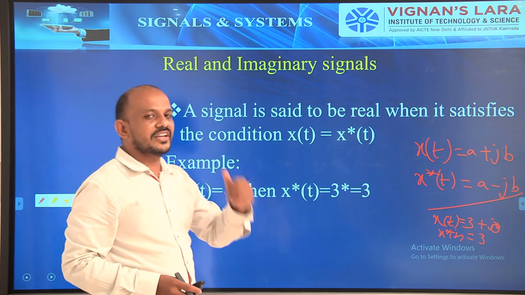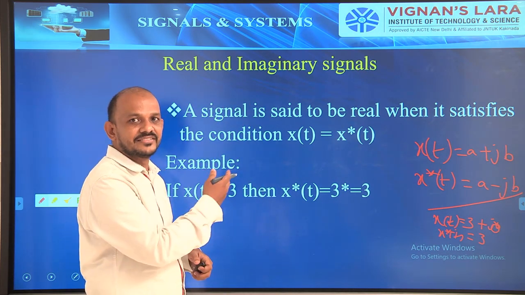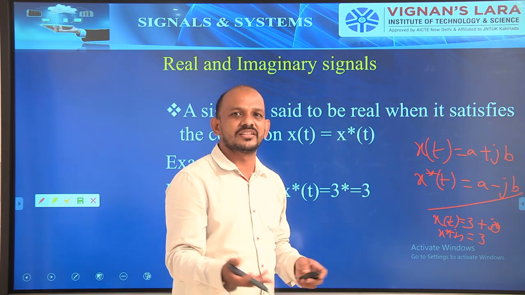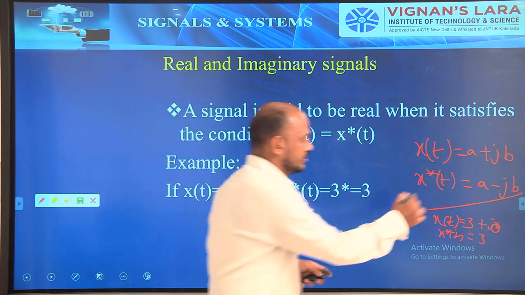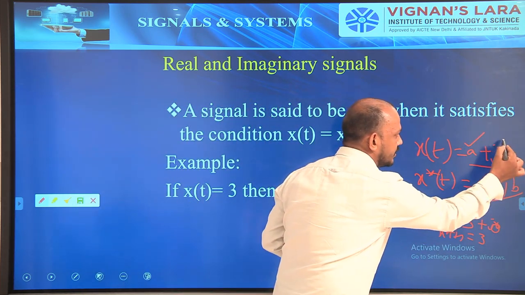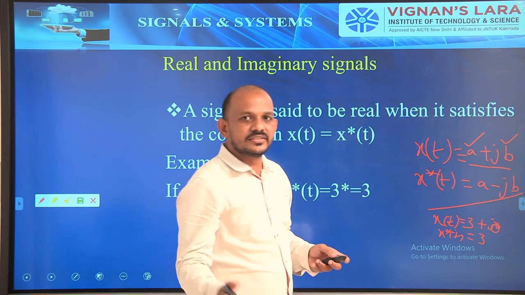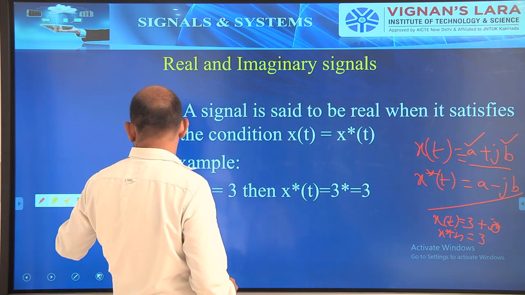X of t is equal to x star of t. So these type of signals, we will call them real signals. Simply, the signals which have only the real part are nothing but real signals. It consists of only the real part. So this is a complex signal, and this is the real part, this is the imaginary part. In that signal, if it consists of only the real part, then that signal is called a real signal. Okay. Next.